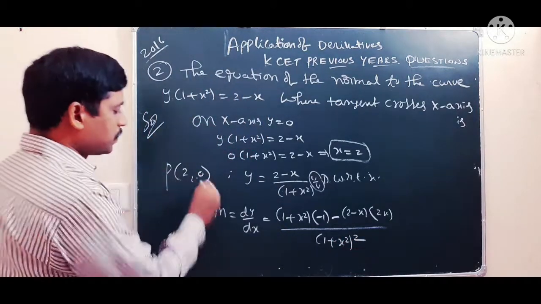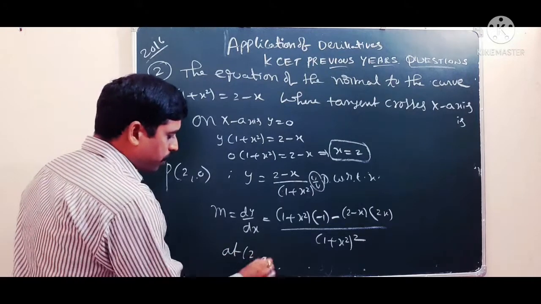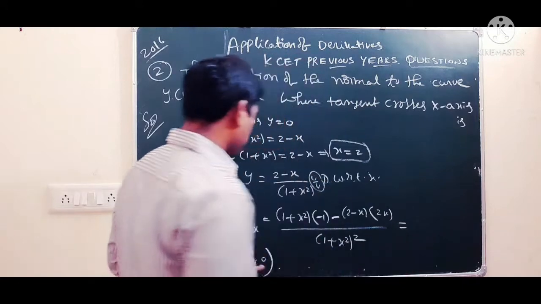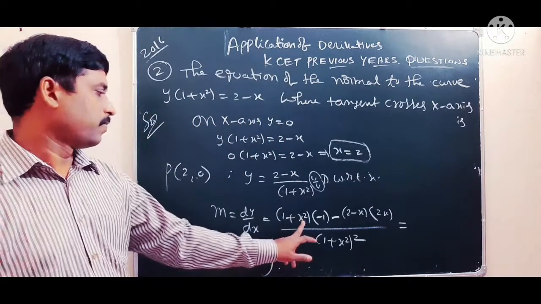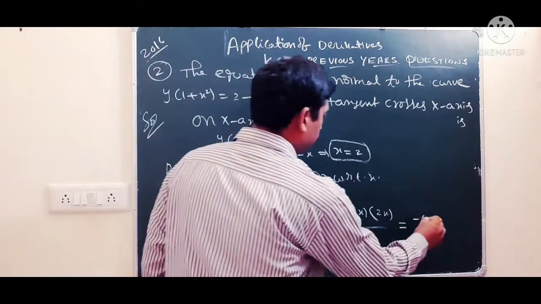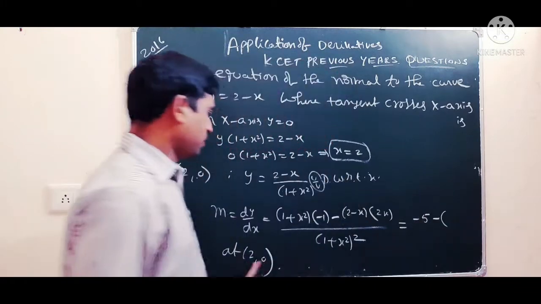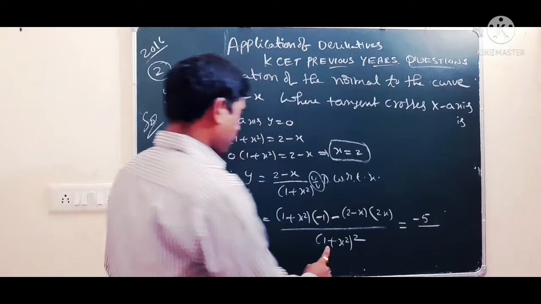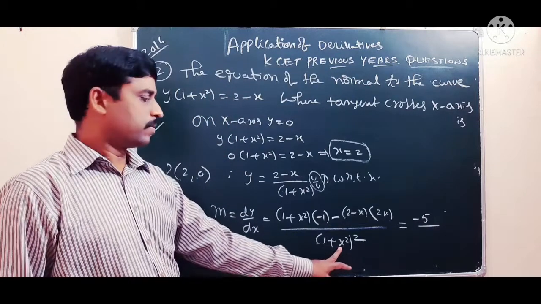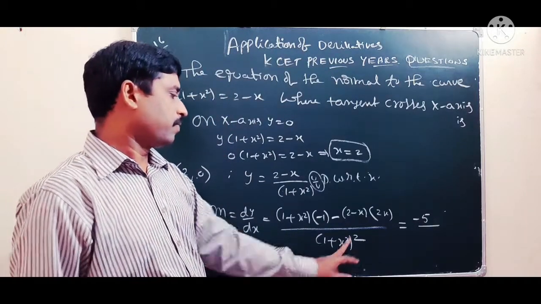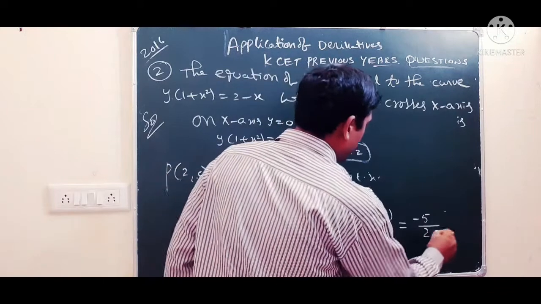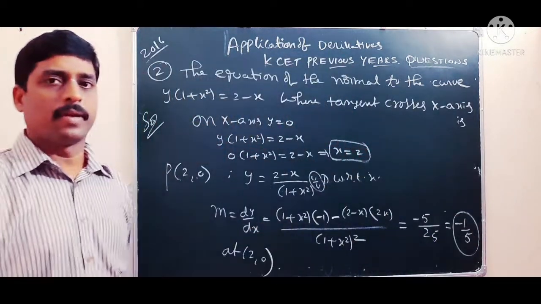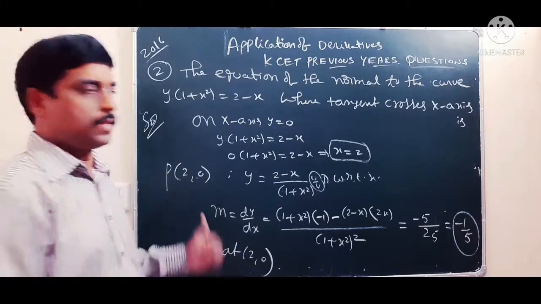At the point (2, 0), we have to find the slope of tangent m. So substitute 2: this is minus 5, minus this 2 minus 2 total value is 0, by 1 plus 4, 5 square is 25. So this will be minus 1 by 5. So the m value is minus 1 by 5.